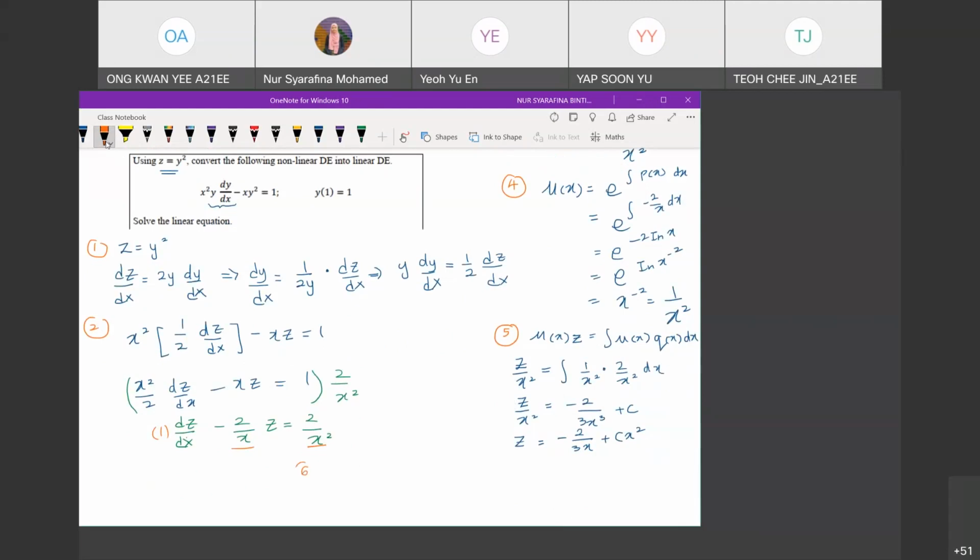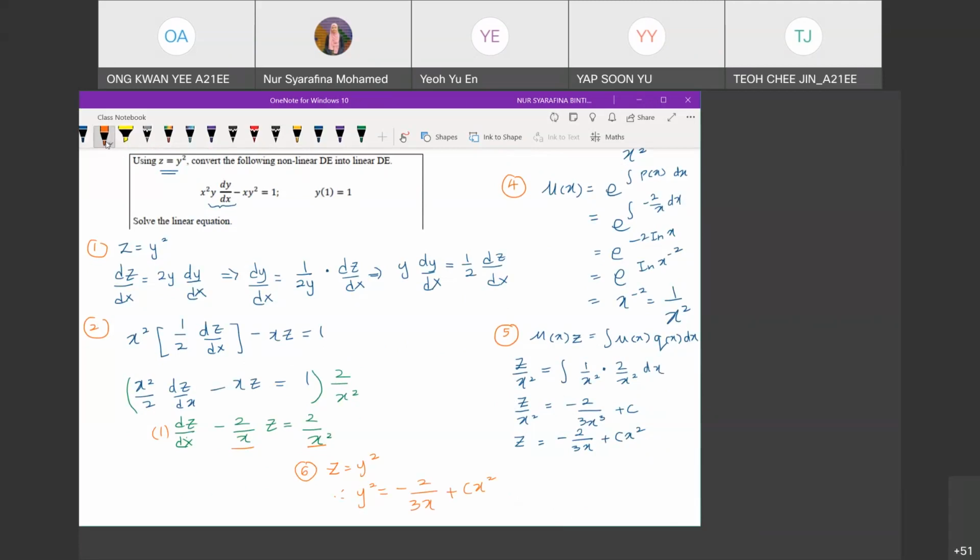So z equals y squared, then y squared equals minus 2 over 3x plus c x squared. This is how you find the solution.